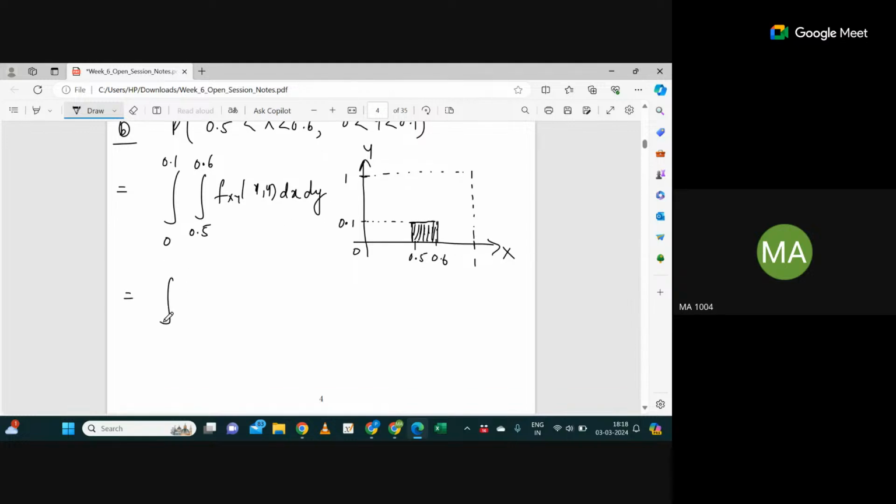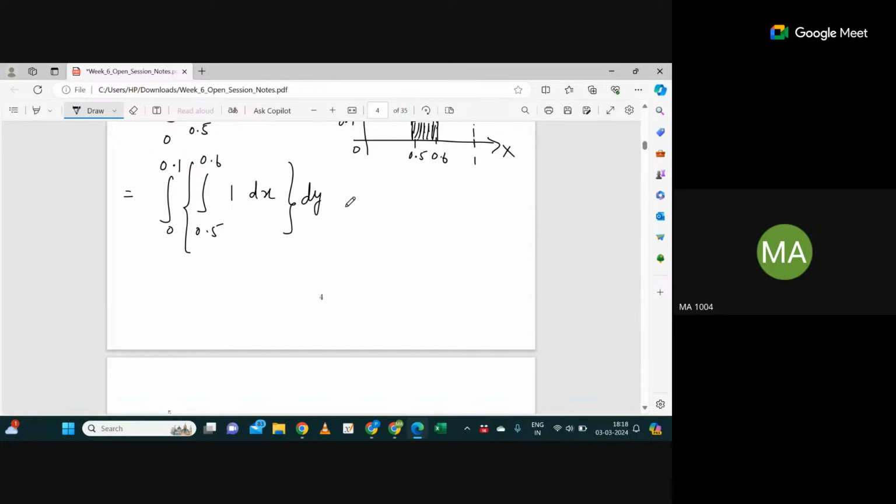Is this clear? So it will be 0.5 to 0.6, and this value is 1. So we have to integrate 1, and let me separate this term. Here it will be 0 to 0.1, and for 1 dx, that means it will be x from 0.5 to 0.6, dy, right? So I think we'll get the same answer, right?